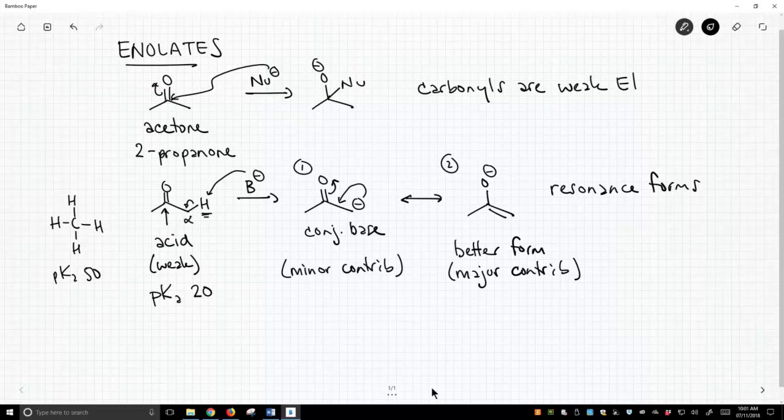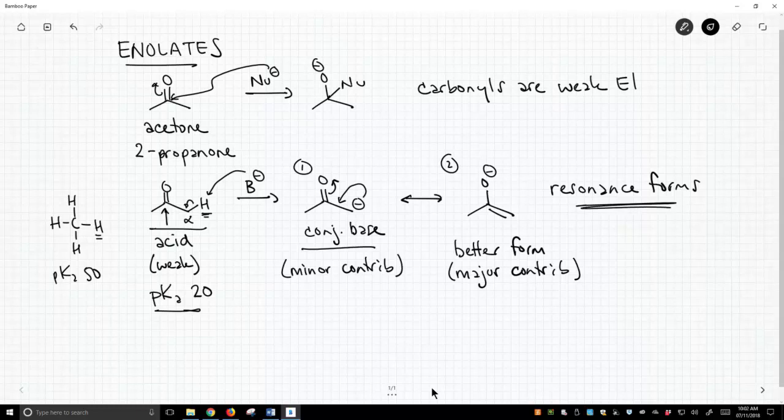And for methane, we'd say, well, of course you can't deprotonate that hydrogen because you're going to make a carbanion. Well, here we have another molecule, this ketone, and when it gets deprotonated, it makes a carbanion, and yet it's 10 to the 30th times more acidic. That's a number I can't even conceive of, 10 to the 30th. So this anion, based on its different resonance forms, is actually pretty stable.